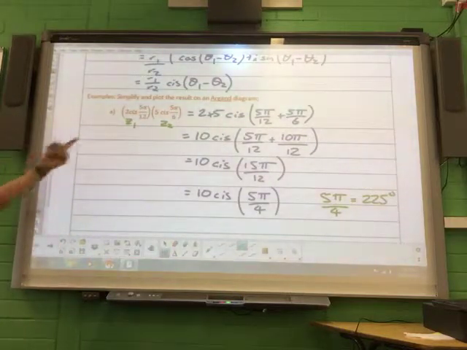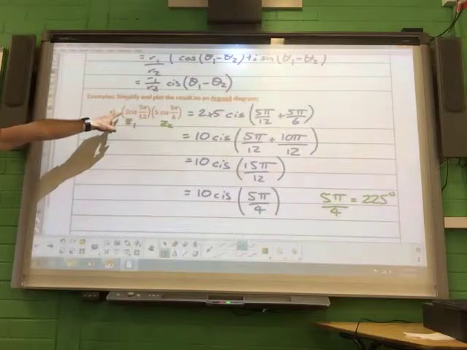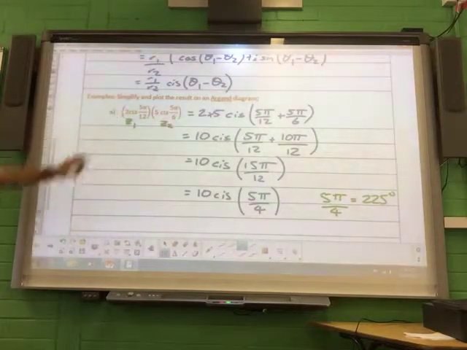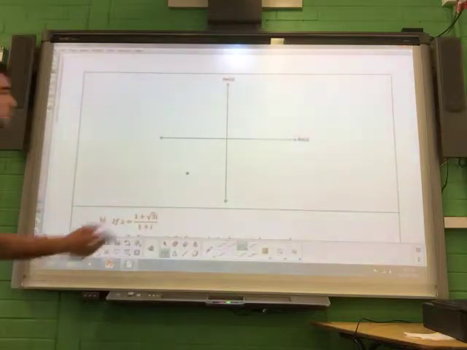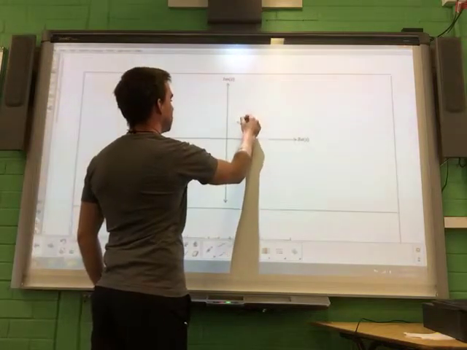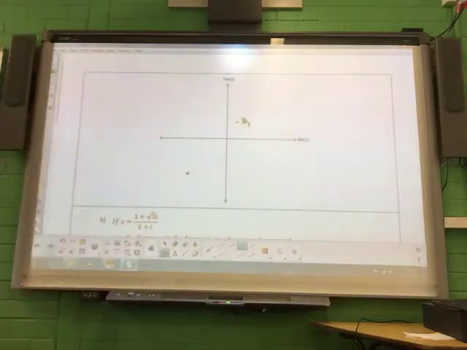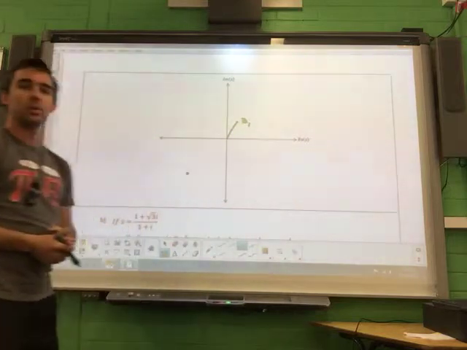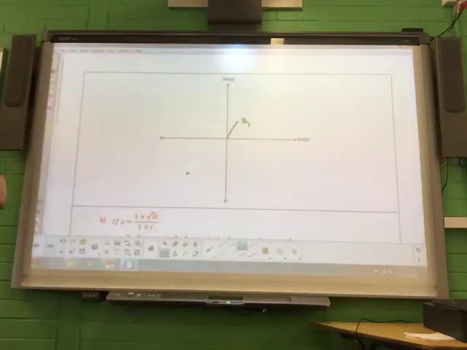Okay, so we've got a radius of 2 from the origin and an angle of 75 degrees. So 75 degrees and the radius of 2, that's the approximate location of Z1. And then Z2 was 5 cis of 5 pi on 6, so a radius of 5 and an angle of 150.